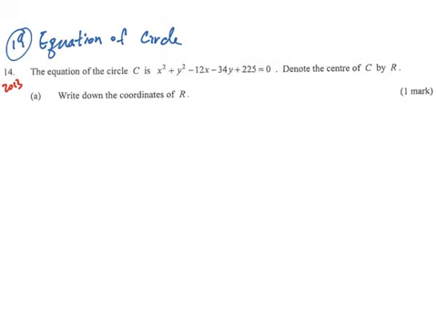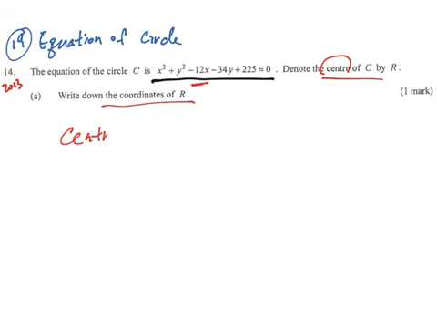Next, we see another example, 2013. Given the general form, we need to find the coordinate of R. R is the center. To find the center, we use negative d over 2, negative e over 2.